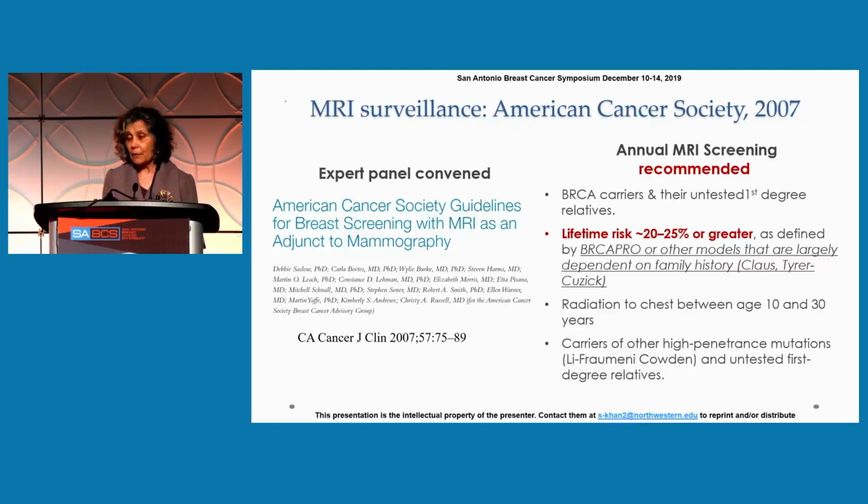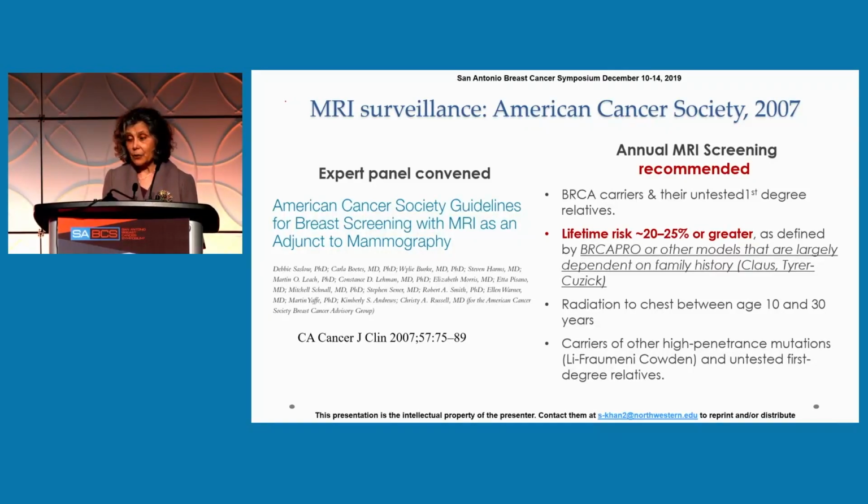And we are living still with these guidelines that were developed by the American Cancer Society by convening an expert panel. And I just want to focus on that lifetime risk recommendation that came out of that expert panel deliberation, which was a lifetime risk of 20 or 25% or greater, as defined by models that assess genetics history.